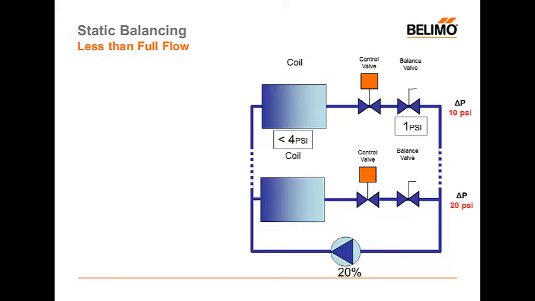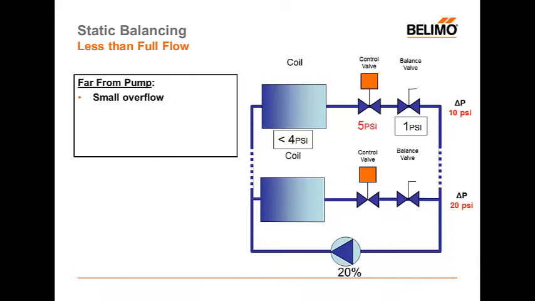And all the remaining pressure in that branch run, so we have 4 or really less than 4 from our coil, 1 psi or really less than 1 from our balancing valve, and the rest would go to our control valve. In this case, if we assume 4 and 1, that means the control valve has a 5 psi pressure drop.